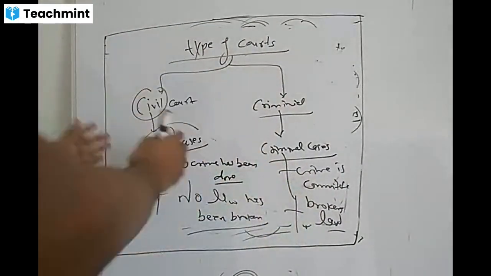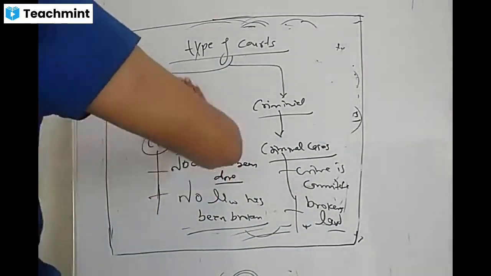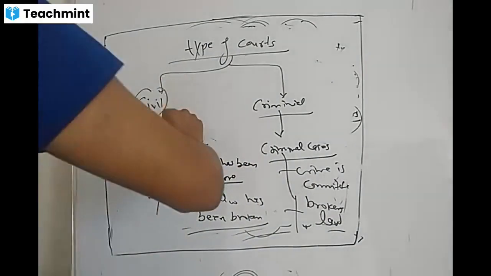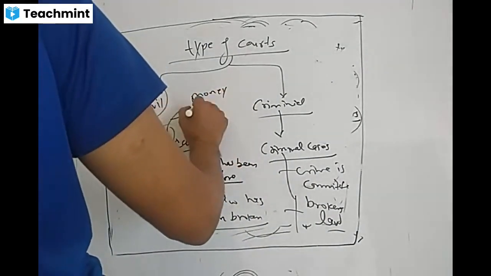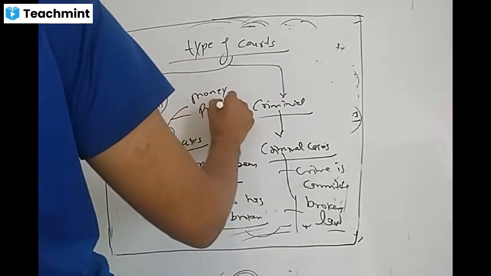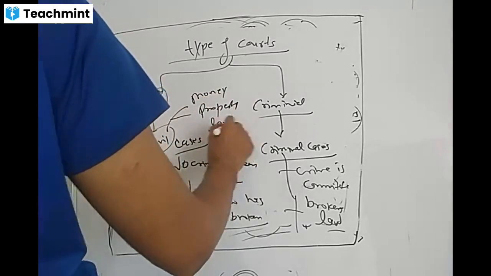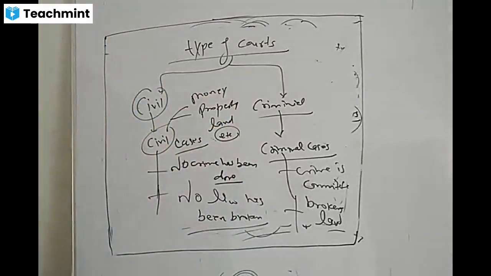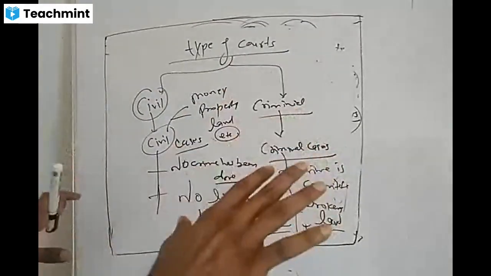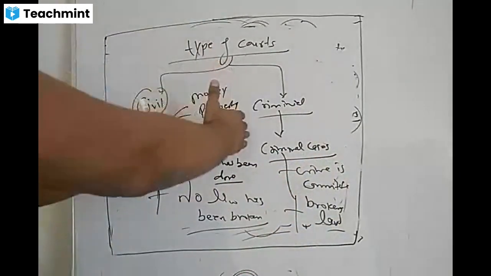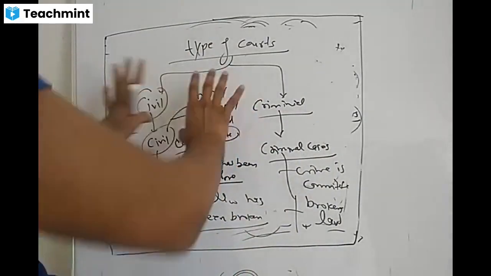So what are the things which come under civil cases? In case of civil cases, things which are related with your money, things like your property, that is land, etc. So money related, property related and land related cases. In such cases, there is no crime and no law has been broken.